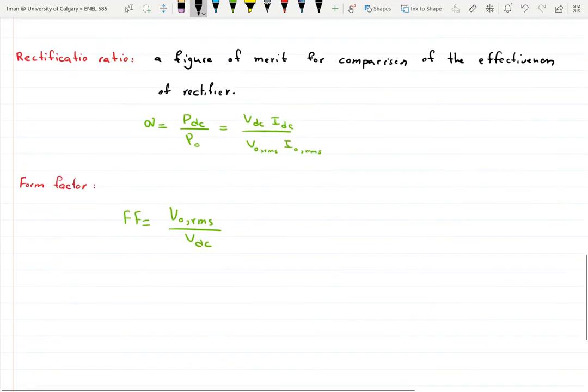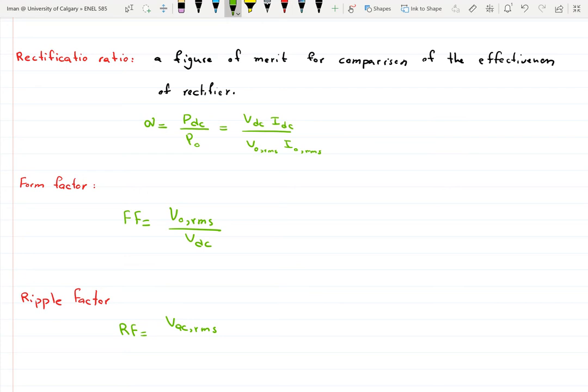So another definition that we have is the ripple factor, which we can define as VAC RMS, which is basically the effective RMS of the AC voltage, the AC component of the load, divided by VDC.